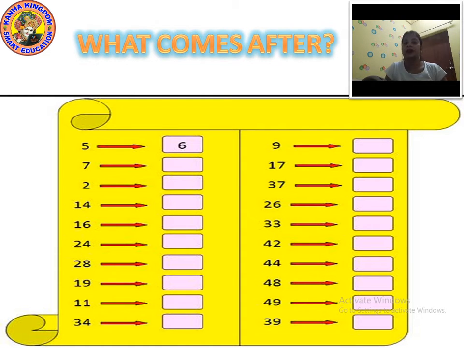Let's start counting from 1. 1, 2, 3, 4, 5, 6, 7, 8. After 7, 8 will come.